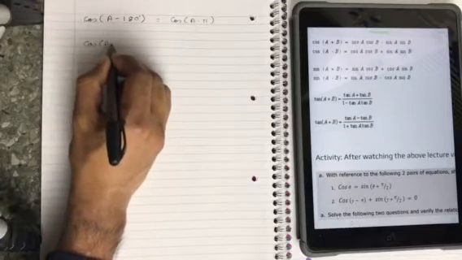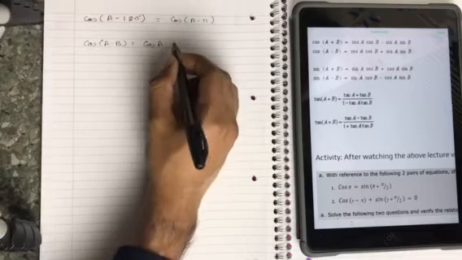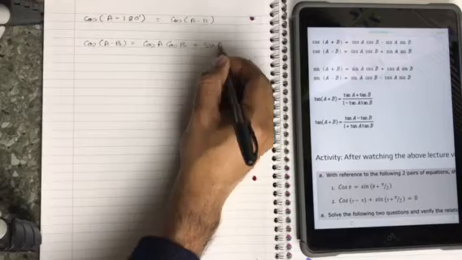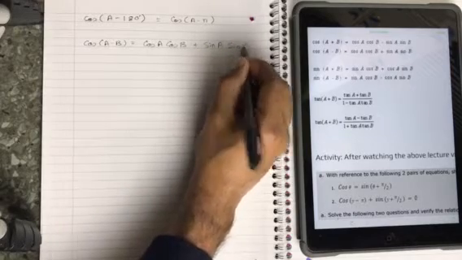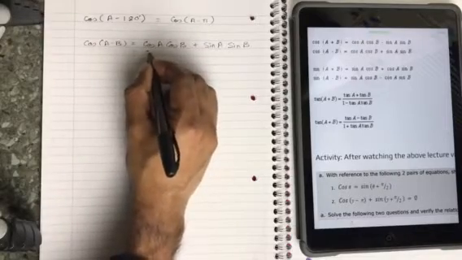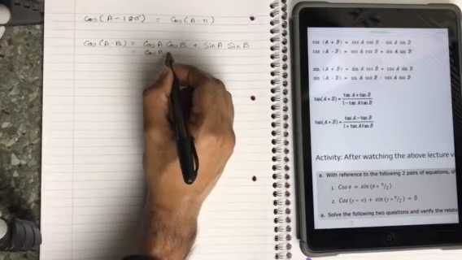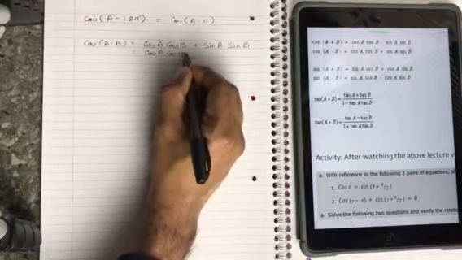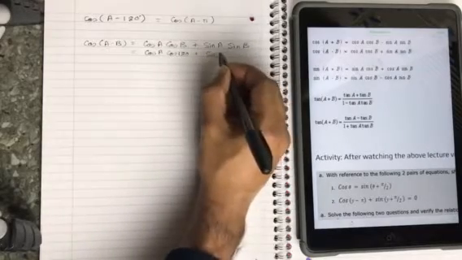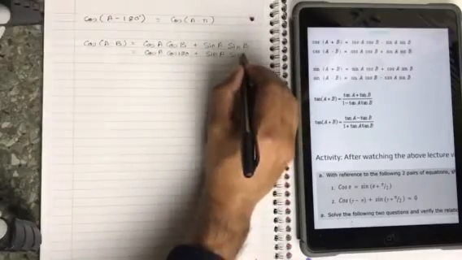Cos of a minus b equals cos a cos b plus sine a sine b. Cos of a you can't really reduce any further. Now b is 180, so cos of 180 plus sine a, sine of b is again 180.